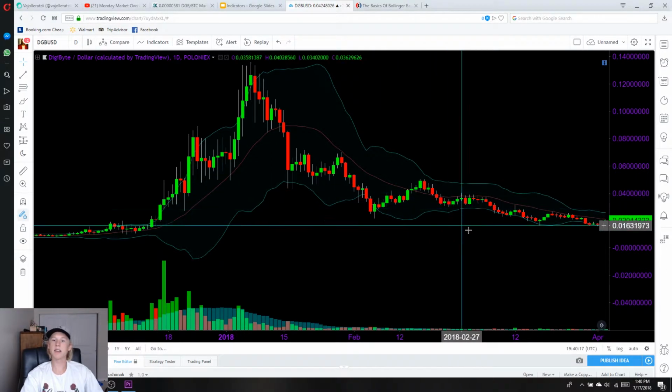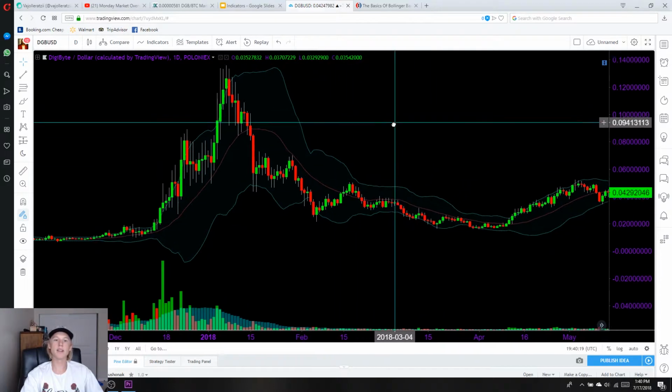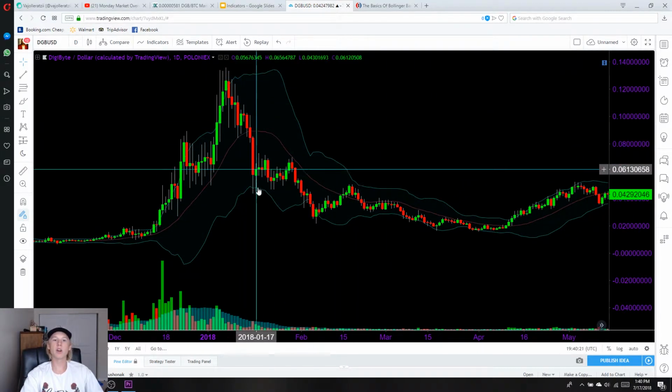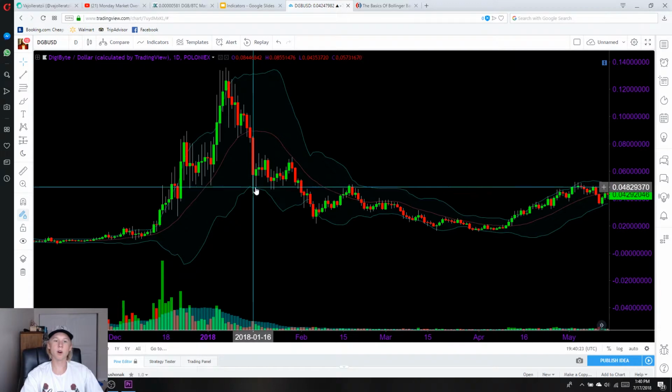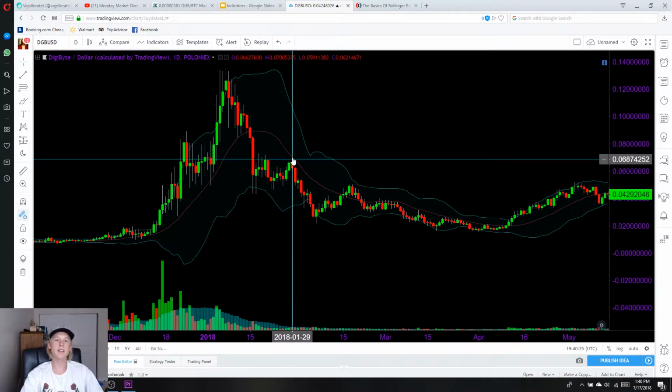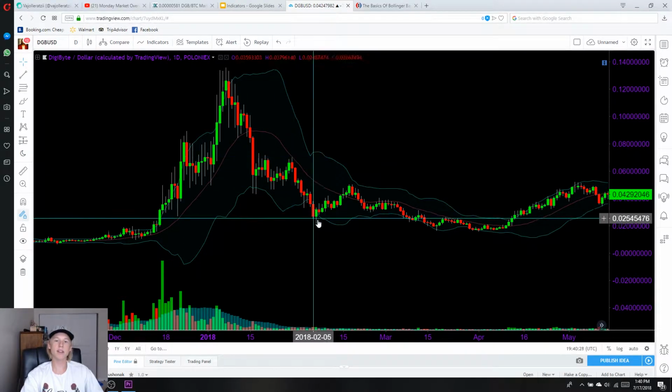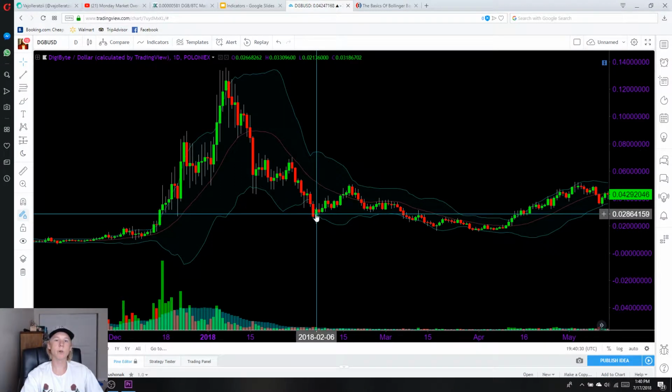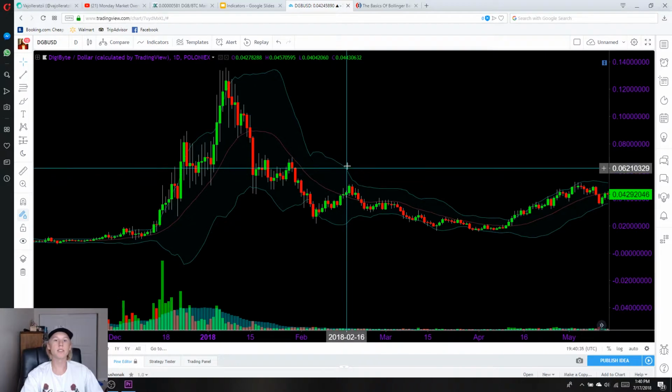And if prices can't maintain, it's the same thing. So in a downtrending market, we'll have tests of this lower Bollinger Band and then tests of this middle moving average. And anytime prices come down to touch this lower Bollinger Band, it's oversold. Anytime prices come to retest this upper Bollinger Band, it's overbought.